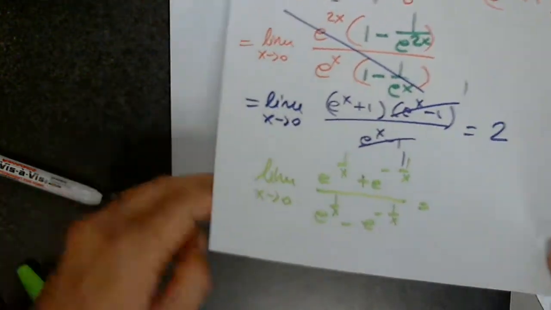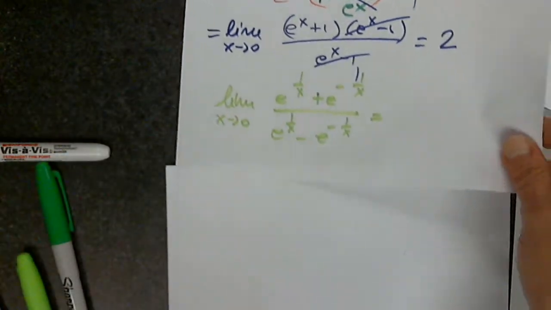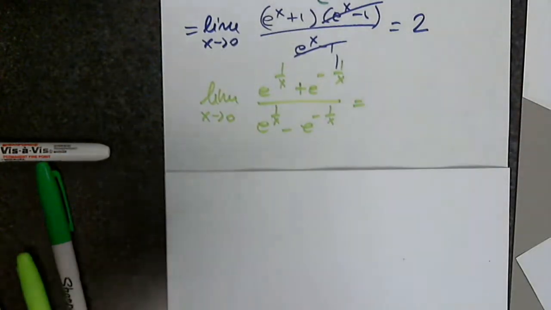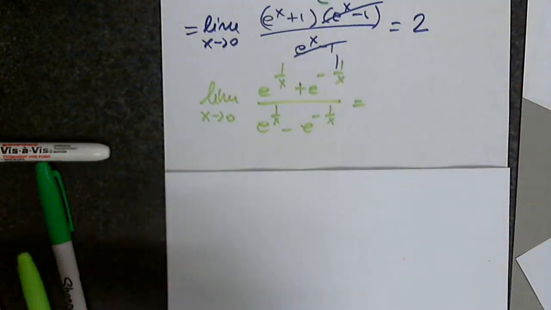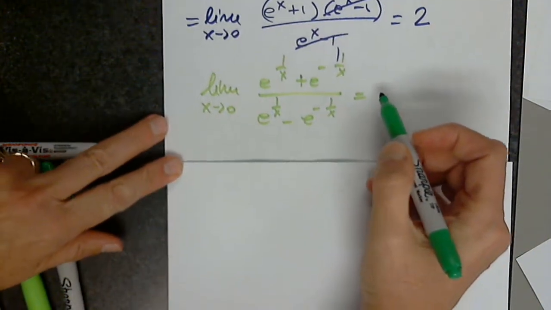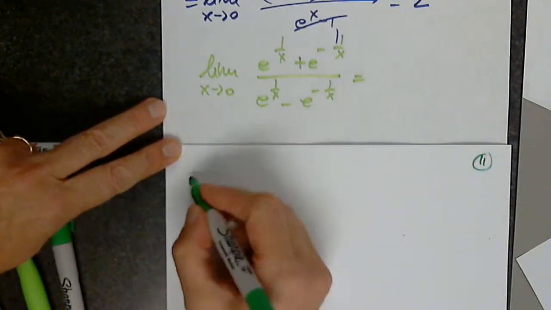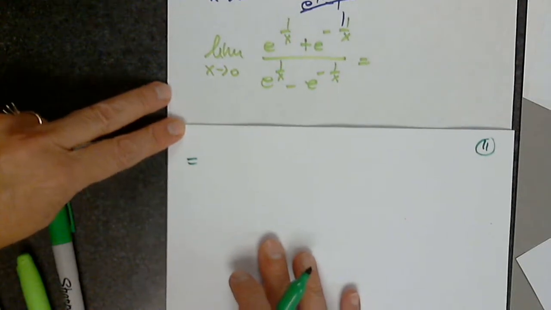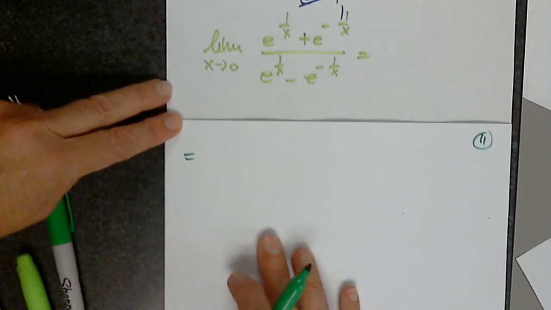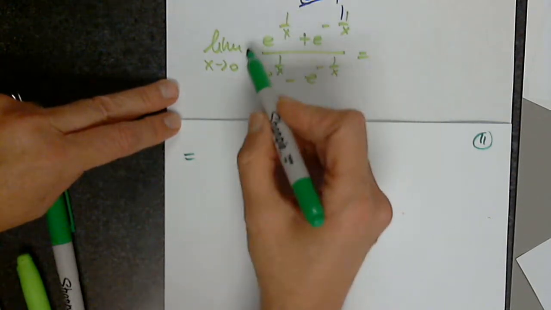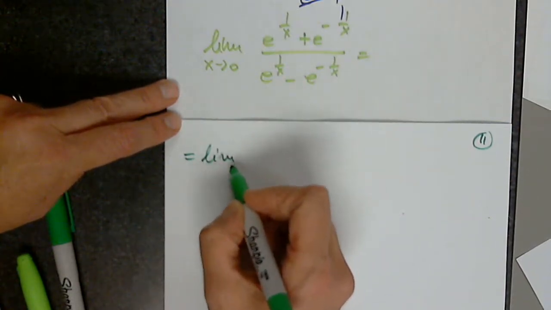So I plug in 0 and it's a total mess. Okay, what can be done here? Let's think for a moment. I'm going to try to simplify this function a little bit, see what we get.